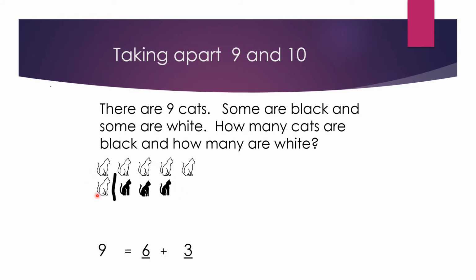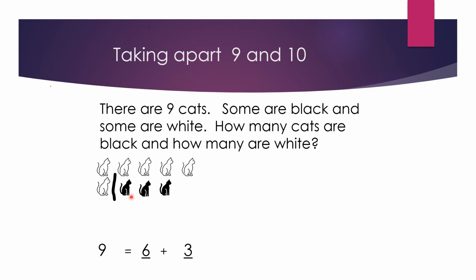6 white cats plus 3 black cats make how many cats all together, kindergarten? Oh boy, kiss your brain. It makes 9. Read the equation with me. 9 equals 6 plus 3.